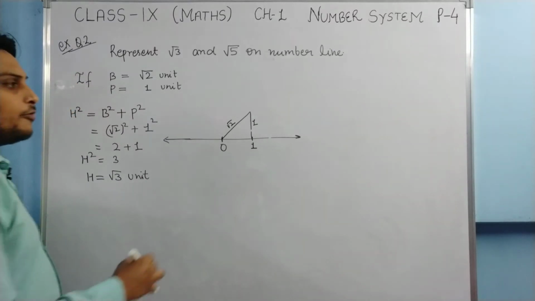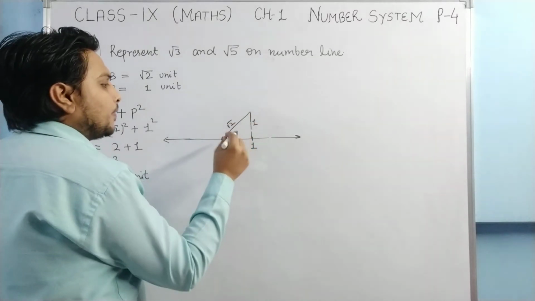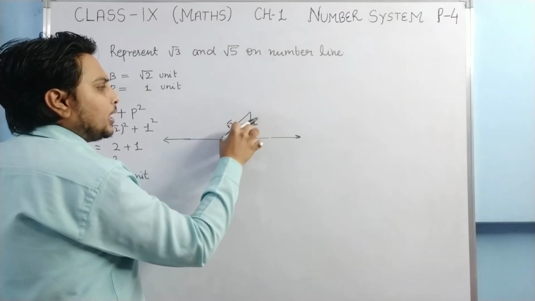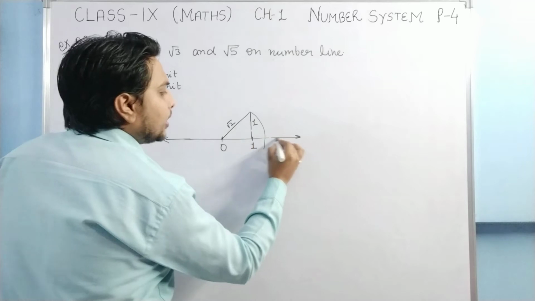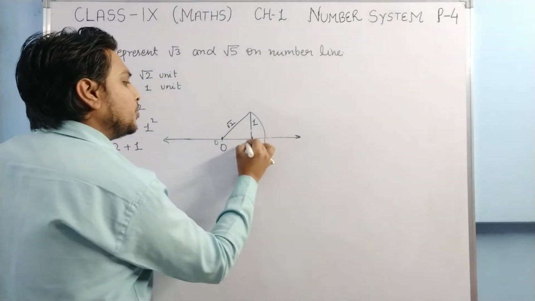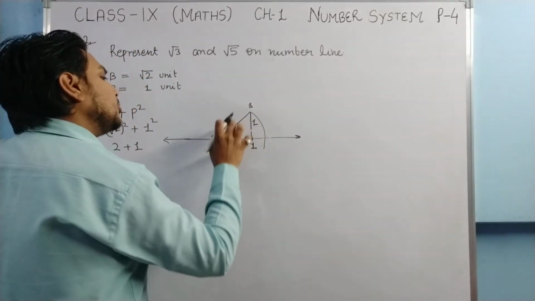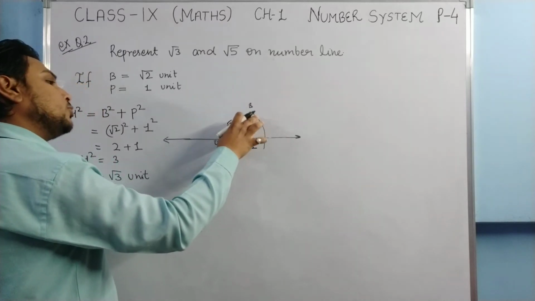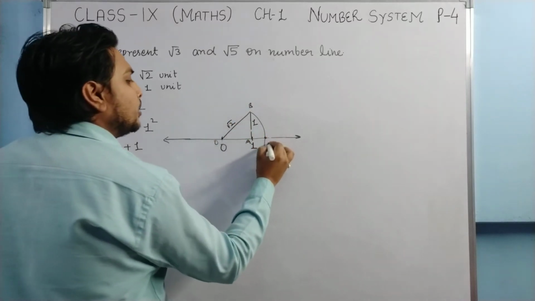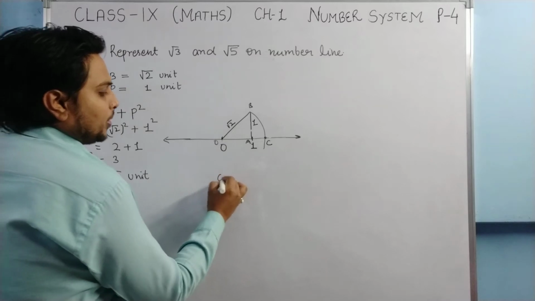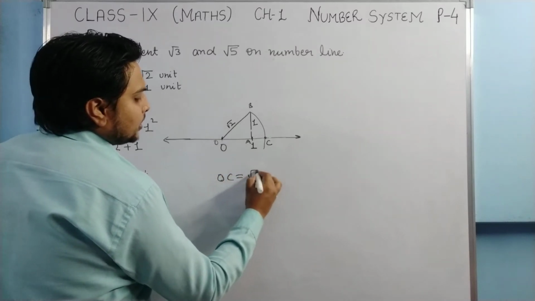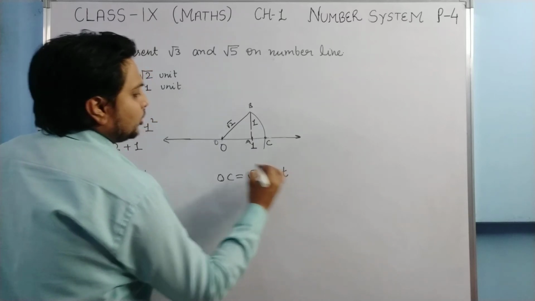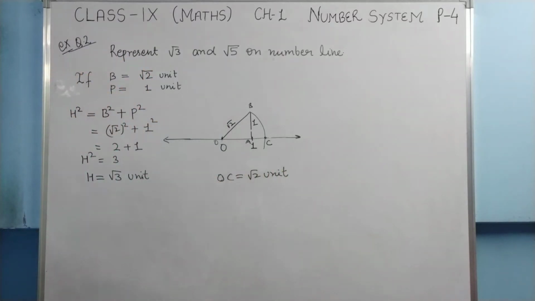After that, by compass we will cut an arc of the radius OB, suppose it is C. So basically the OC distance is of under root 2 unit.